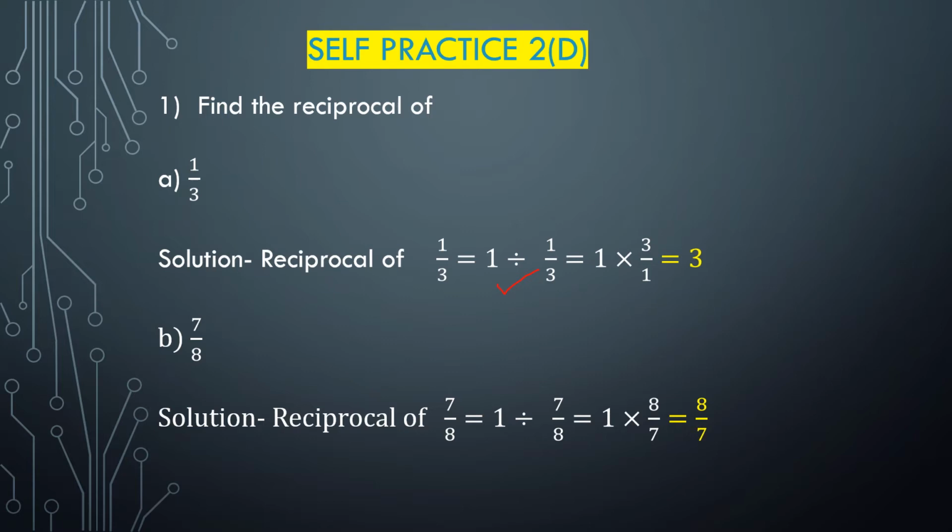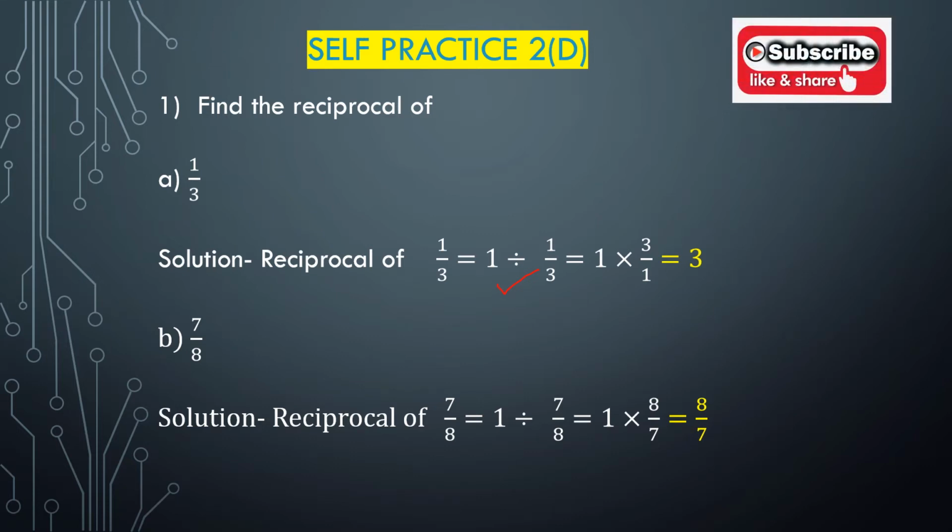The reciprocal of 1 divided by 3 is 3 divided by 1, that is we inverse the fraction. So 1 multiplied with 3 divided by 1 is 3. So the reciprocal of 1 divided by 3 is 3.